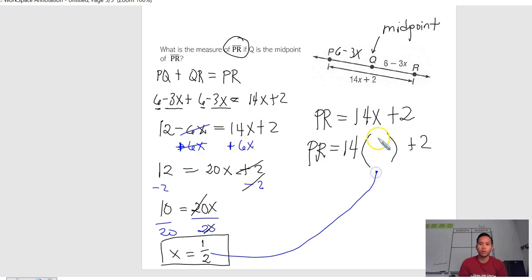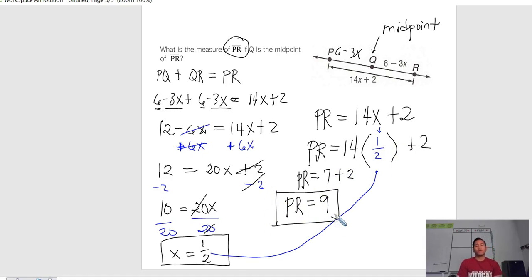Therefore, PR is 14 times 1/2, which is 7, plus 2. So PR is equal to 9.